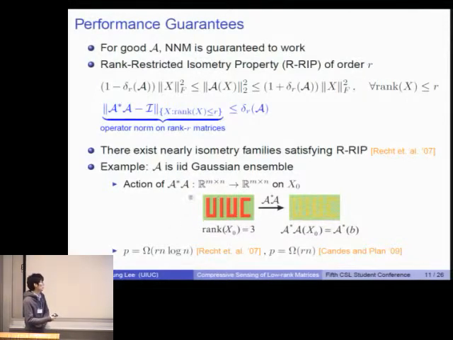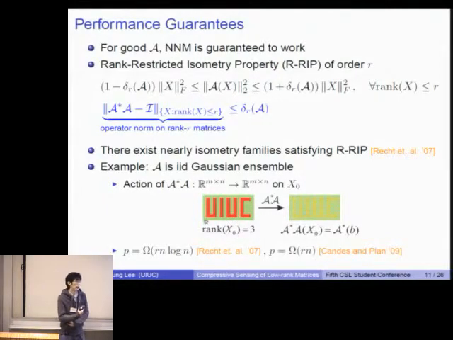If you apply some IID Gaussian ensemble and apply its adjoint operator again, we will get this noisy image. Although there is some additive noise, we can still read four letters from this figure. That means that the self-adjoint operator A star A acts like a perturbed identity on the low rank matrix.